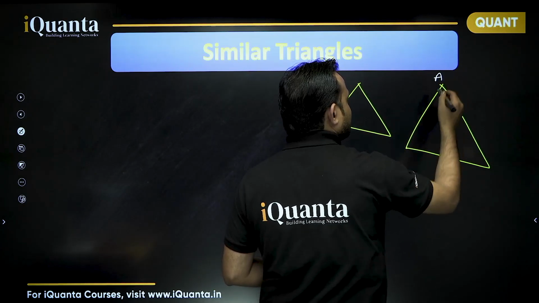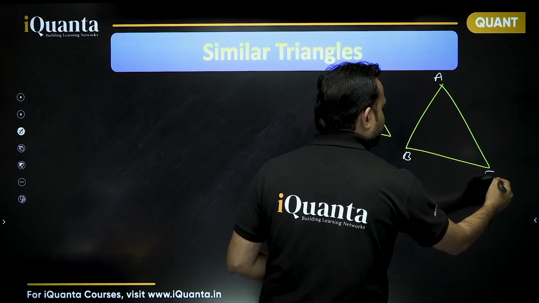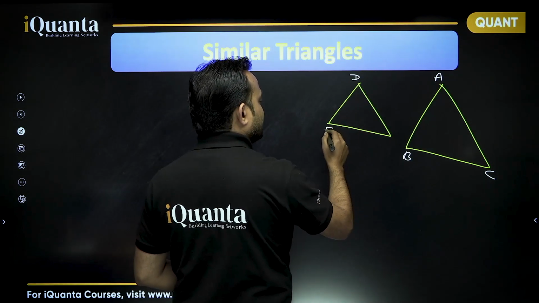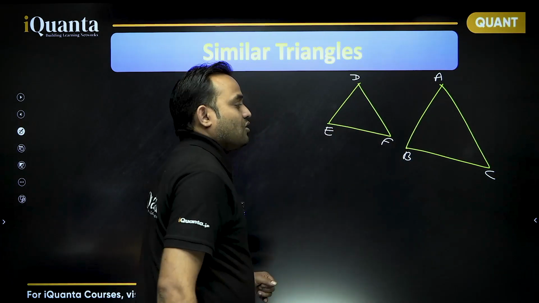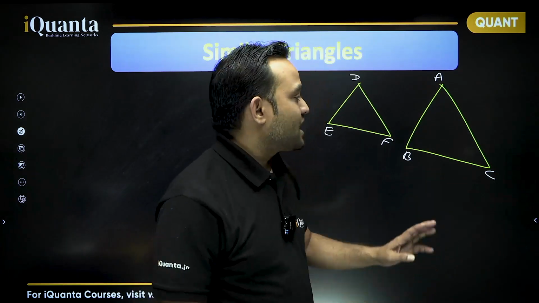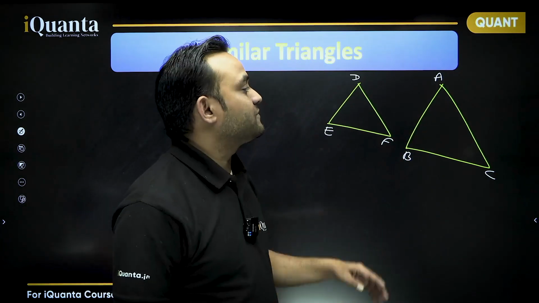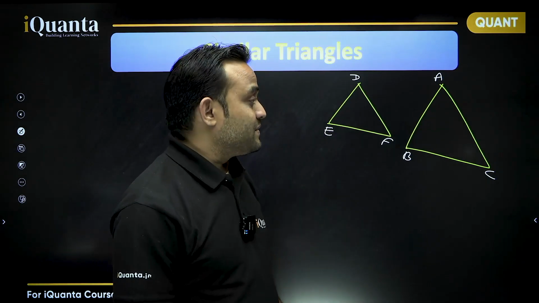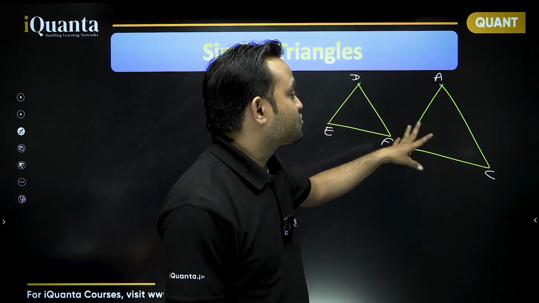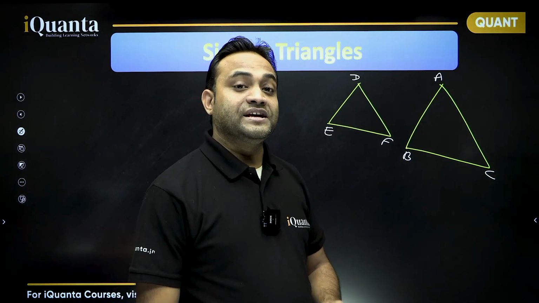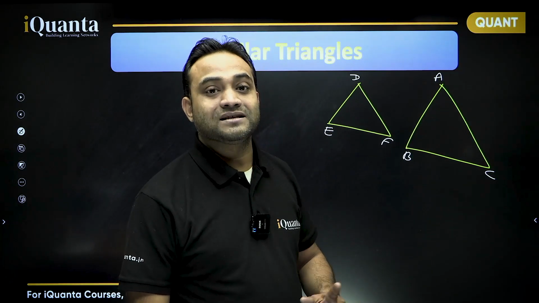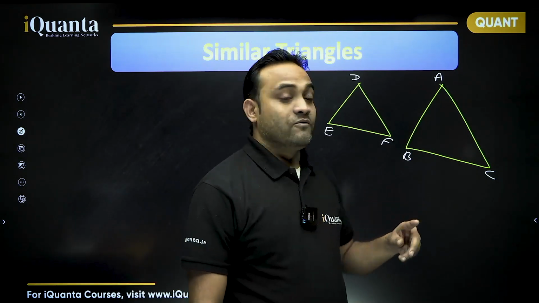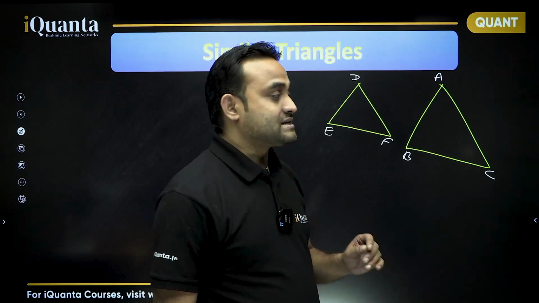Let's say this is triangle A, B, and C, and this is triangle D, E, and F. Both of these triangles have different side lengths, different perimeters, different areas, but ultimately the formation of these two triangles is the same. The ratio of their side lengths is the same. The angles are the same.